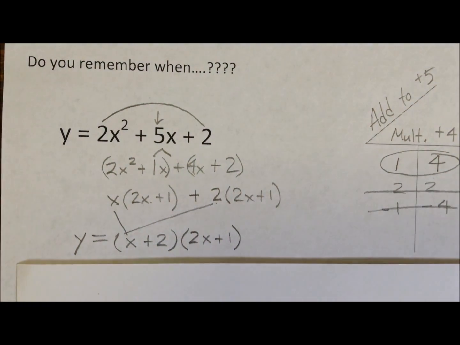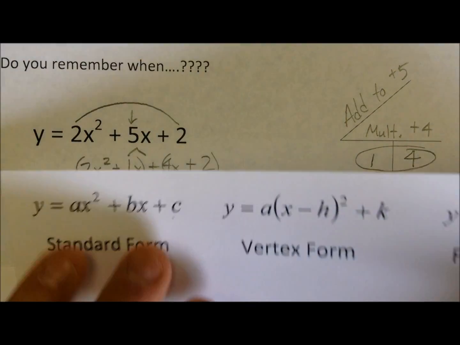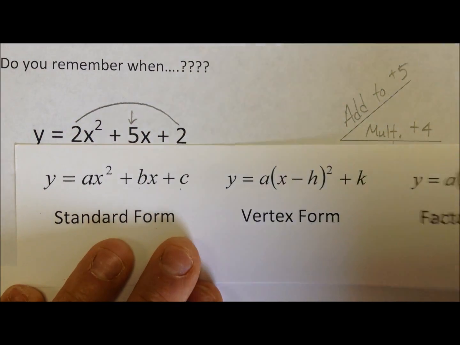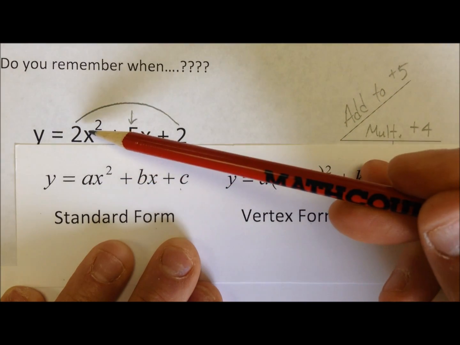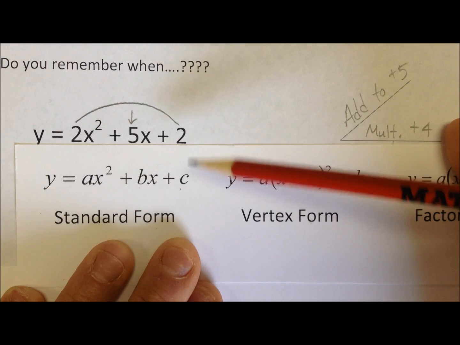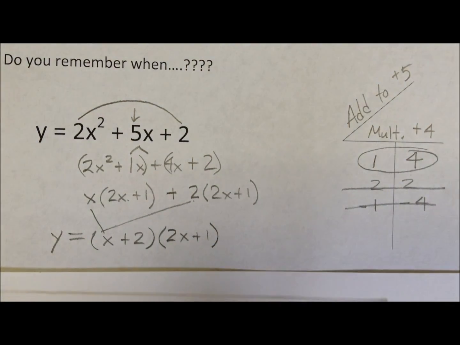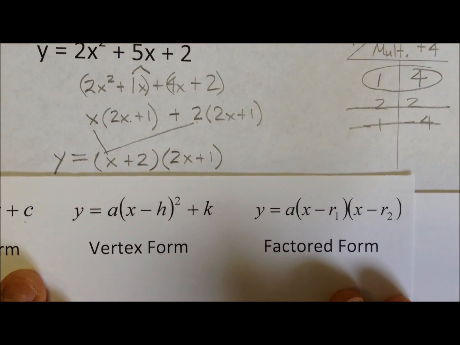So, look what we've done using prior knowledge. We have taken a problem that was in standard form, where A was 2, B was 5, and C was 2. And we've now written it in vertex form?